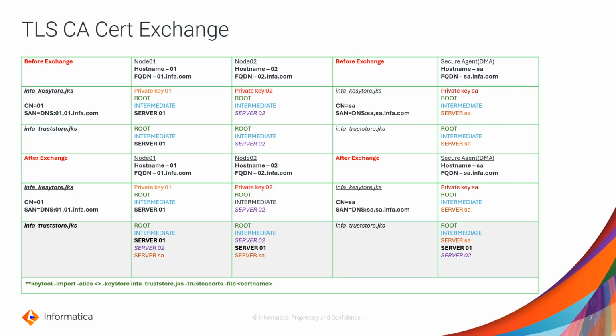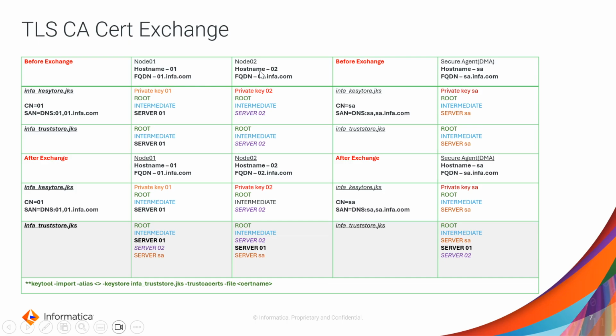Imagine a CDI-PC domain has two nodes, node 1 and node 2, and one secure agent. Node 1 host name is, as an example, 01, and fully qualified host name is 01.infa.com.